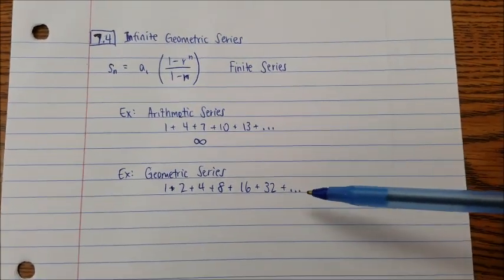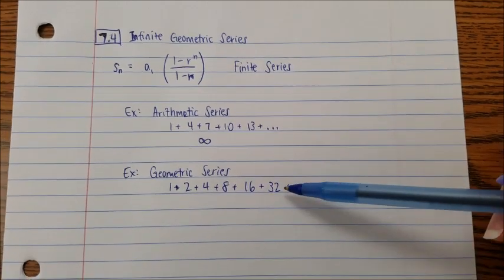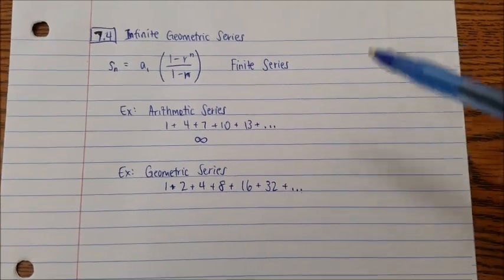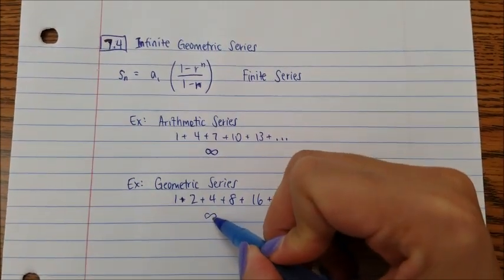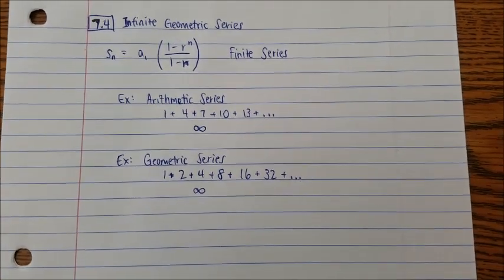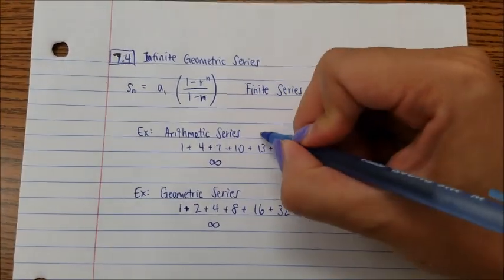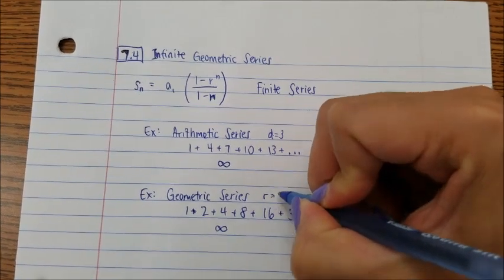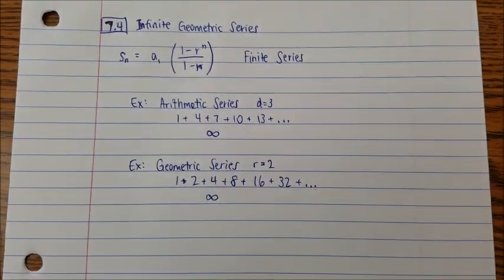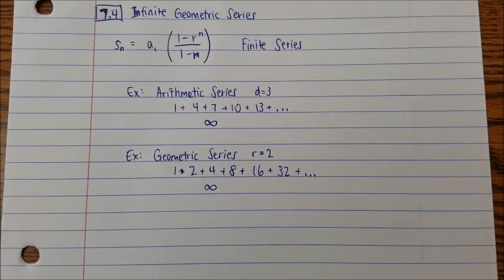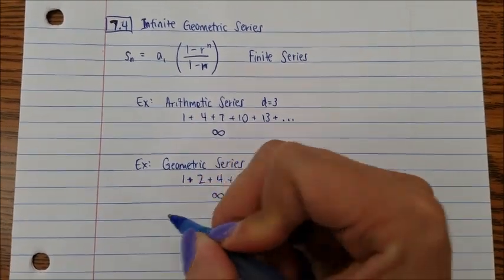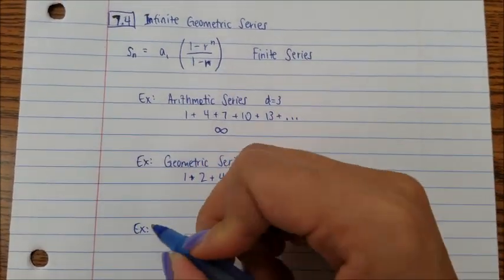So if we do this forever, these numbers again keep getting bigger and bigger and bigger. So if this were to add up all together, we'd still get infinity. For this one, since the pattern was multiplying by 2, our common ratio is r equals 2, which doesn't really work because we can't do this infinitely.